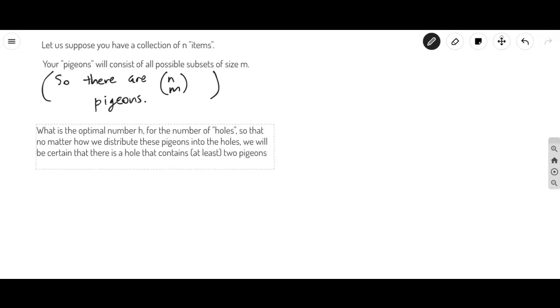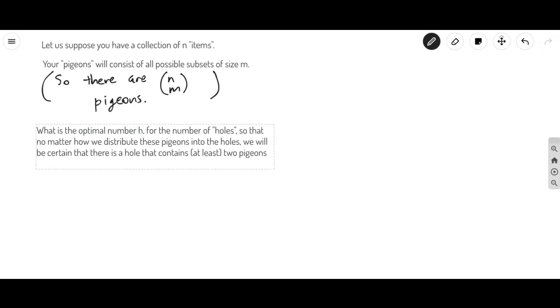But up to this point, it feels like the pigeonhole principle. Up to this point, this number would be one more than the number of pigeons.